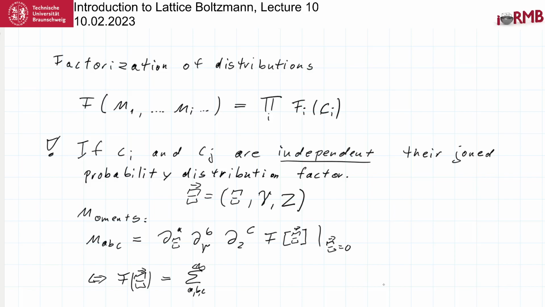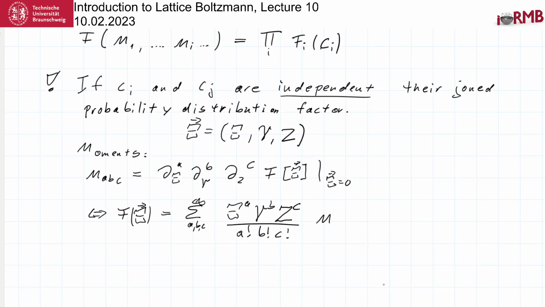Now, as I just said, we have to add here the powers of xi, upsilon, and theta, and we divide by a factorial, b factorial, c factorial, because these are still in the series expansion, and this M_abc. So the moment generating function can be generated the other way around, inverted so to speak, by a series of the moments, in 3 dimensions in that case.